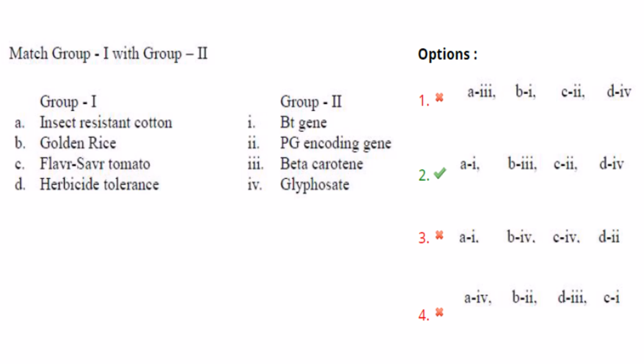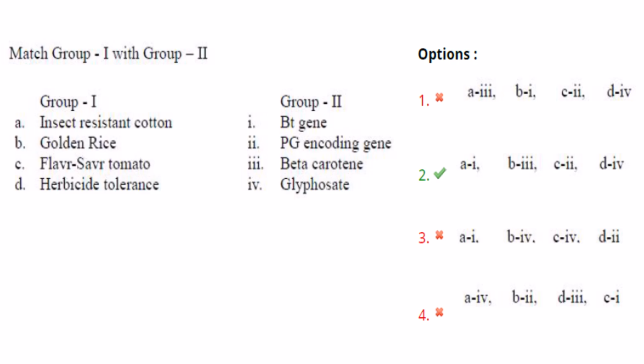Then match group 1 with group 2. Insect resistant cotton, how was it developed? It was by using the cry gene present in Bacillus thuringiensis, or the Bt gene. The Bt gene of Bacillus thuringiensis was introduced into the cotton plant.